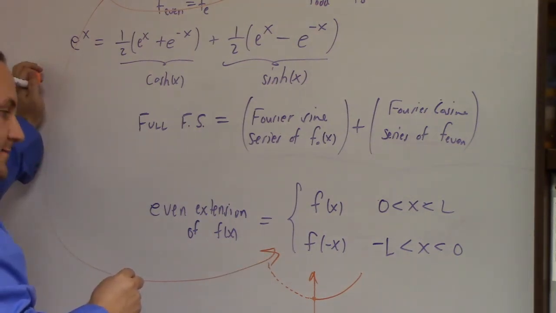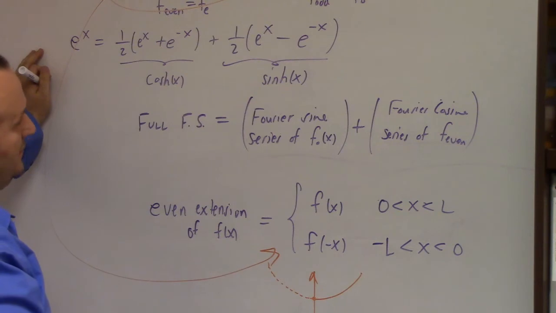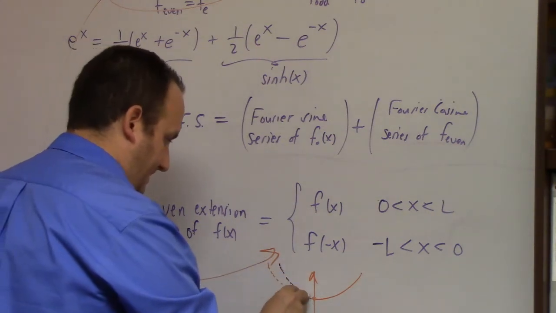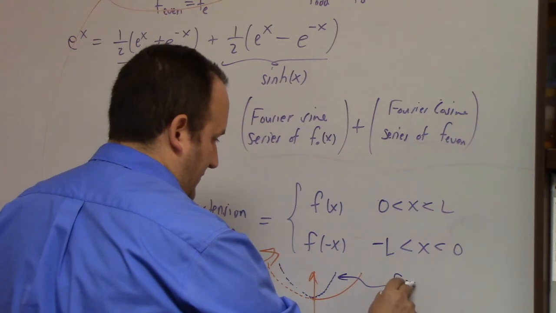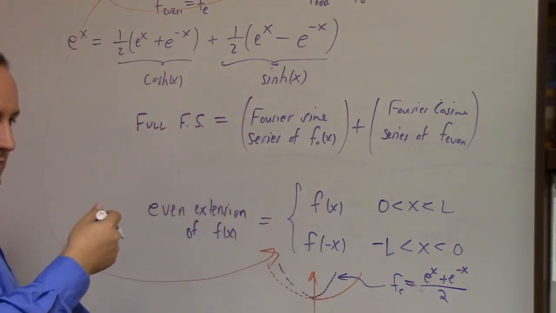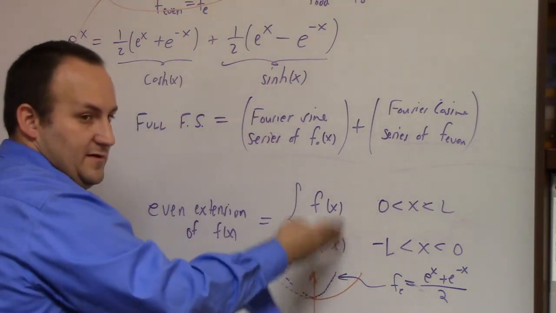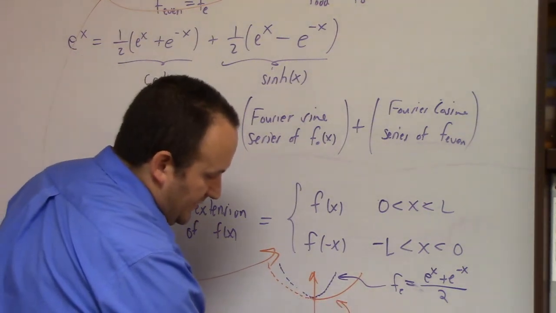f sub e is something different. Roughly speaking, f sub e is equal to e to the x plus e to the minus x over 2, and so this e to the minus x over 2 piece is getting dinky as you go over here, whereas the orange one, the exponential, this is y equals e to the x.